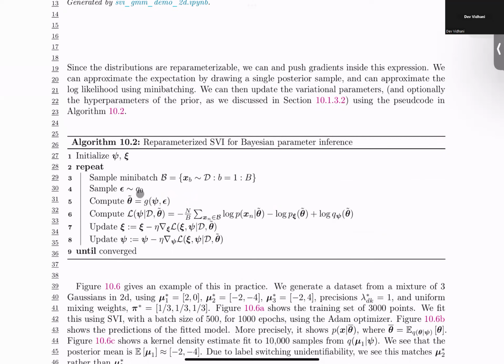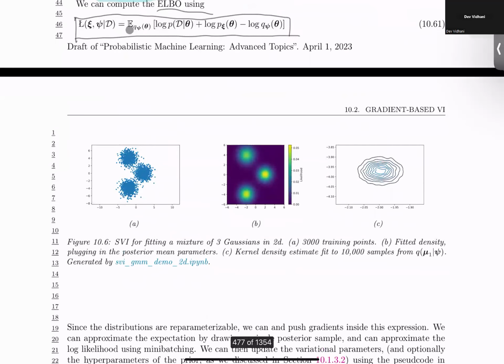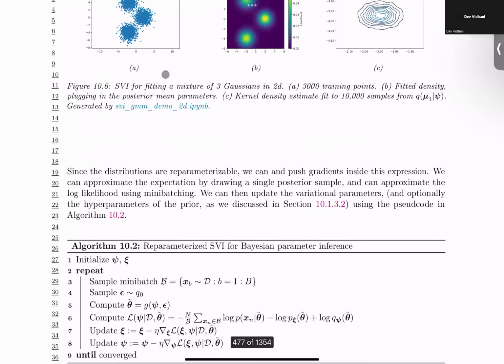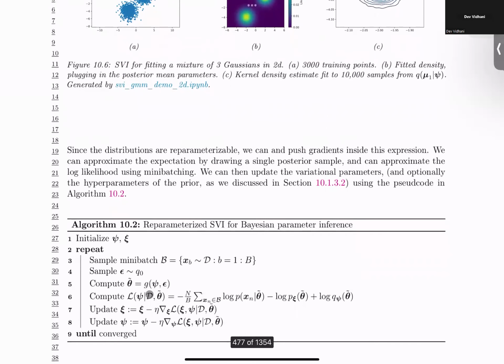Do they continue to use psi? They still continue to use psi. So the latent variable is not random in this case, and I apologize, I did not do due diligence in trying to highlight how this reparameterization trick is applied here, but essentially it is the same algorithm 10.1 that we saw for the reparameterization trick.